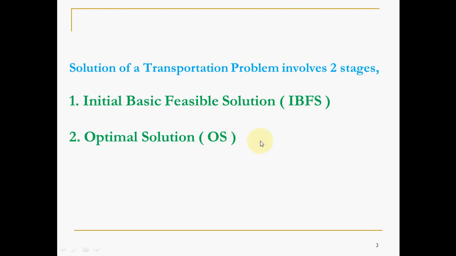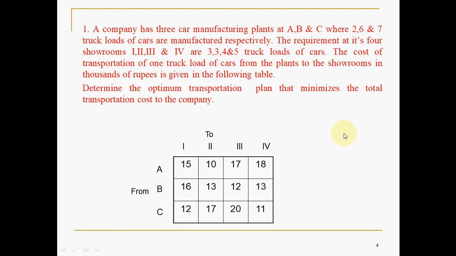Hence, if it is not mentioned to use any method to obtain IBFS, by default you use the VAM, that is Vogel's approximation method. Then you can proceed to find the optimal solution.